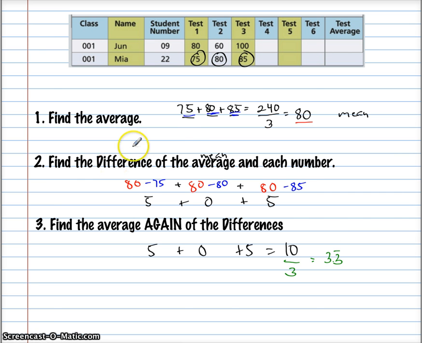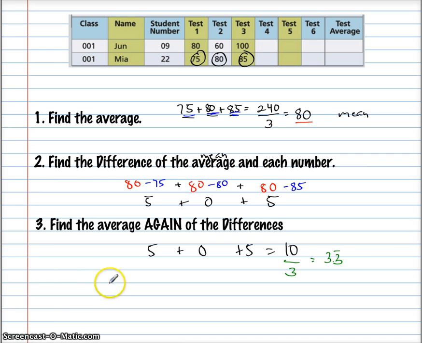Now, what this means is compare this to June, who had a much larger MAD, I think 13 point something. That means on average, Mia's number is only about 3 points away from the average. Her tests are very close together.